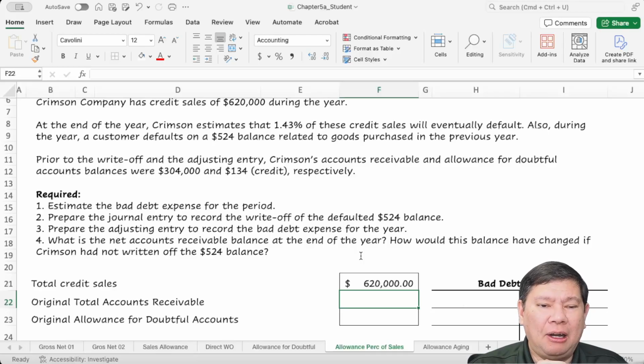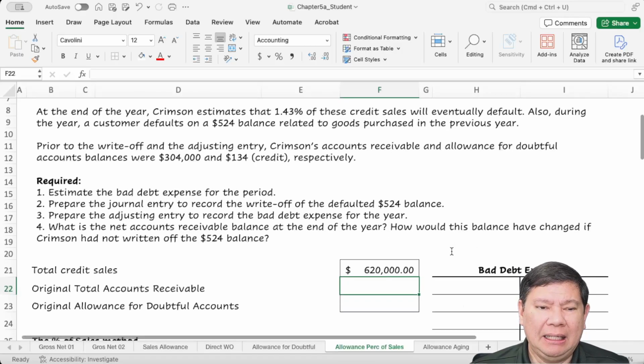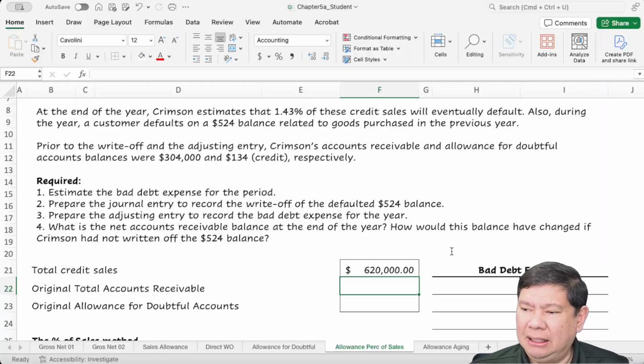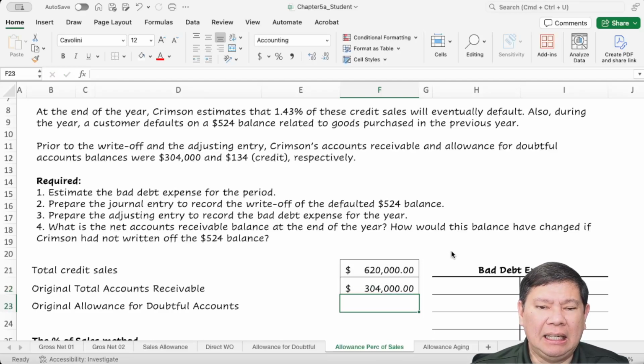Prior to the write-off and the adjusting entry, Crimson's accounts receivables and allowance for doubtful accounts balances were $304,000 and $134 credit, respectively. Okay, so the original accounts receivable was $304,000, and the original allowance for bad debt expense is $134.